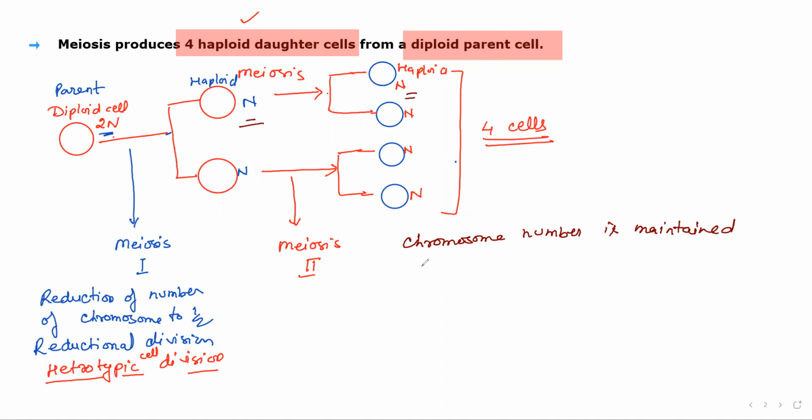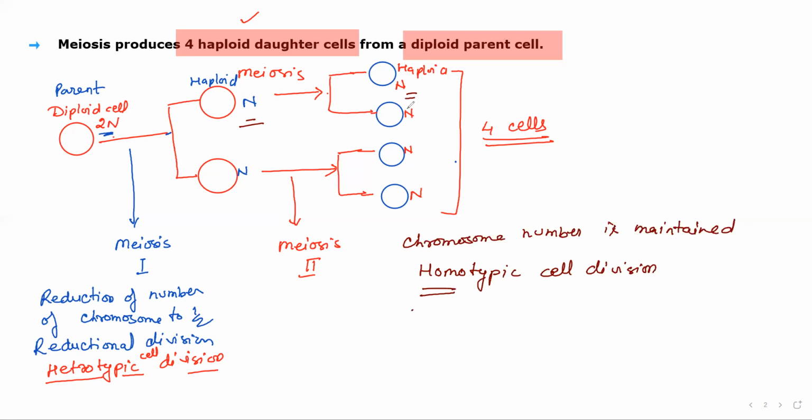So it is called homotypic cell division. Homotypic means same, n number, n number, so the number of chromosomes remains constant here.